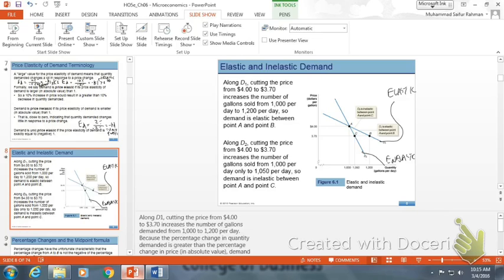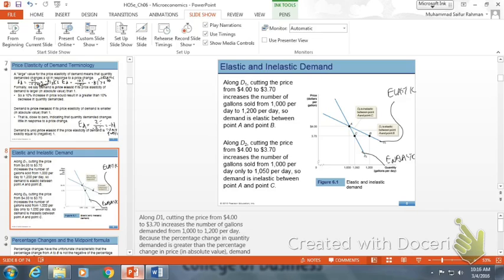So you have percentage change in quantity demanded, which is 20%, and percentage change in price, 7.5%, and we can now calculate elasticity of demand, which is the ratio of these two.